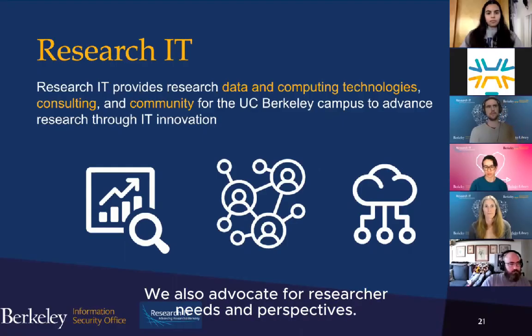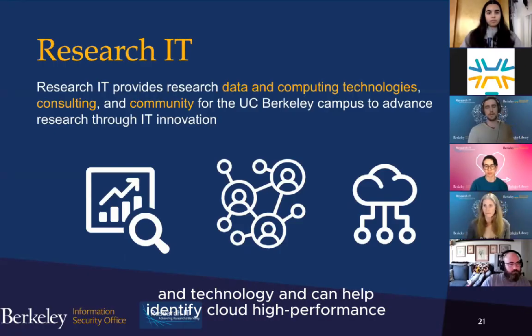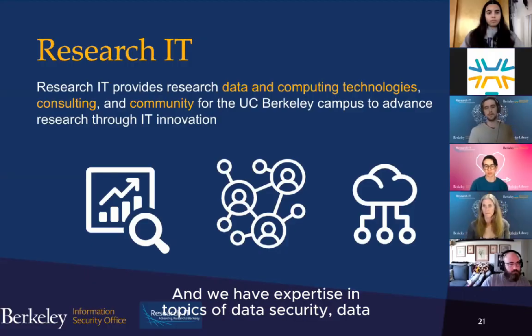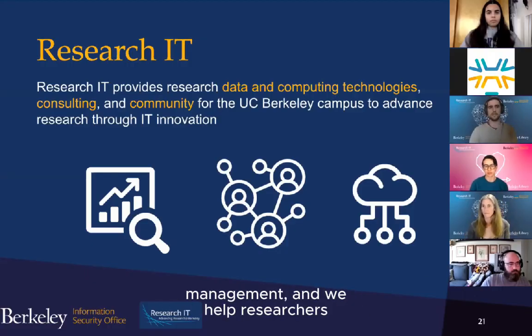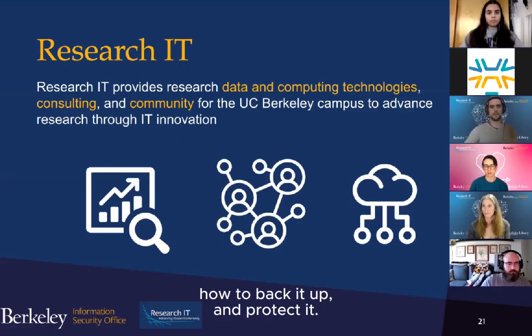And we also advocate for researcher needs and perspectives. So we're poised at the intersection of research and technology, and can help identify cloud, high-performance computing, and virtual machine solutions. And we have expertise in topics of data security, data management, and we help researchers to understand the sensitivity of their data and how to use it, how to back it up, and protect it.